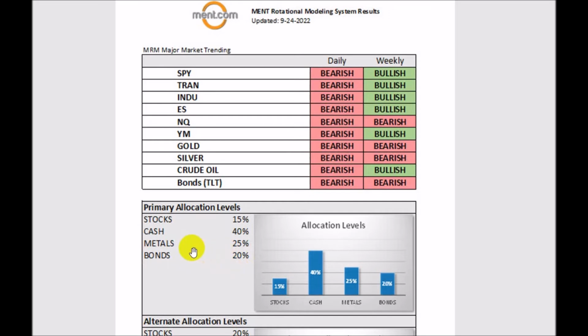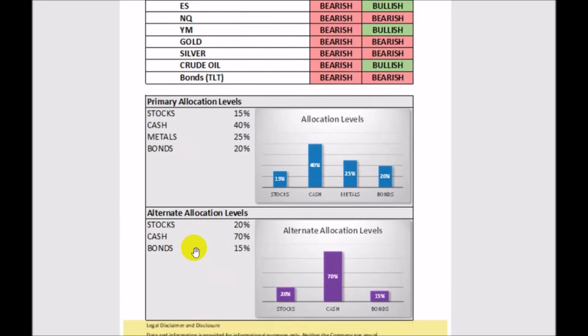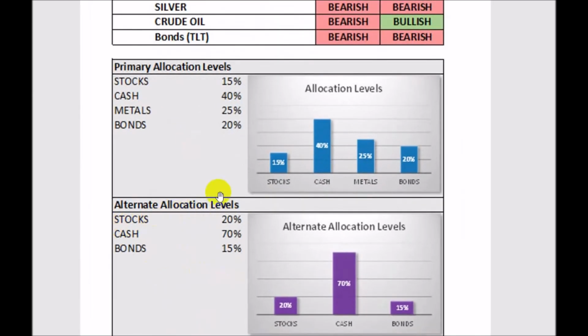Now, as an alternate setup, if you don't have the ability to hold metals, and again, I would urge you, if you don't have the ability to buy a fund like GLD or SIL or SLV, go out to your local coin shop or your bullion shop and try to pick up some physical coins.